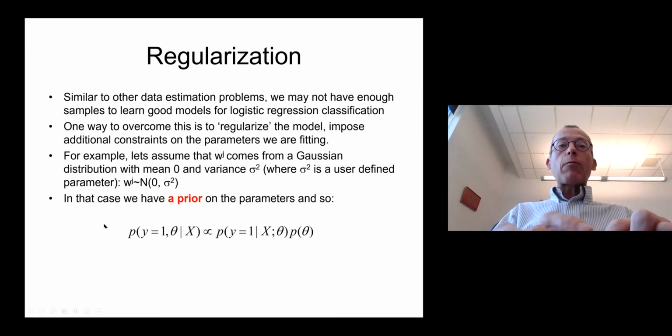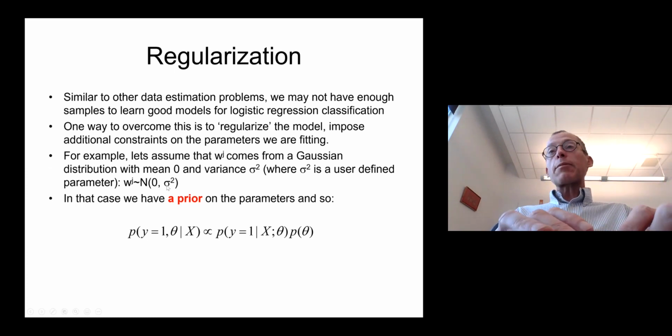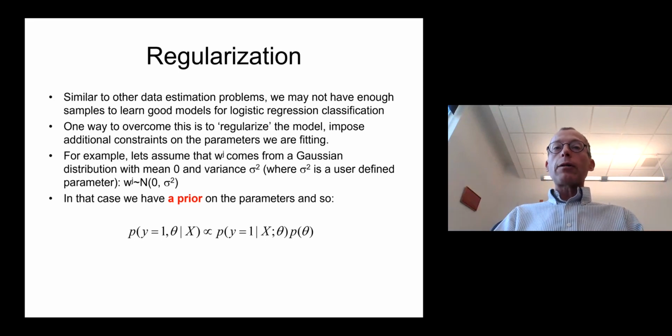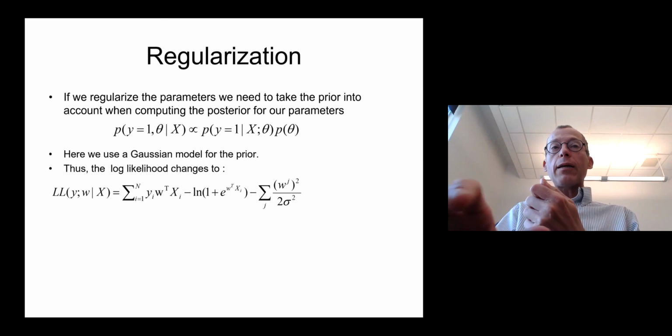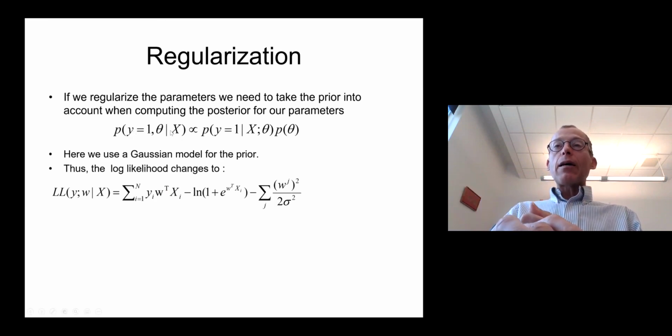If that's the case, then we assume that Wj is distributed with mean 0, because we assume most of them are not important, and some standard deviation. So some of them do have values, some can even have a large value depending on sigma square. And in that case, the likelihood function is a MAP function. Now, rather than maximizing the likelihood of y given x, we maximize the likelihood of y given x and theta. Based on the chain rule, that is the probability of y given x and theta, which we did already, times the probability of theta.